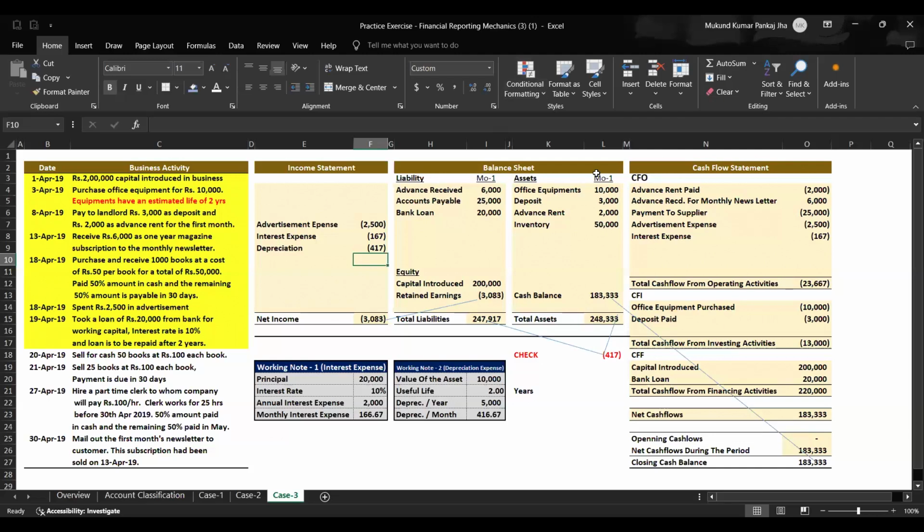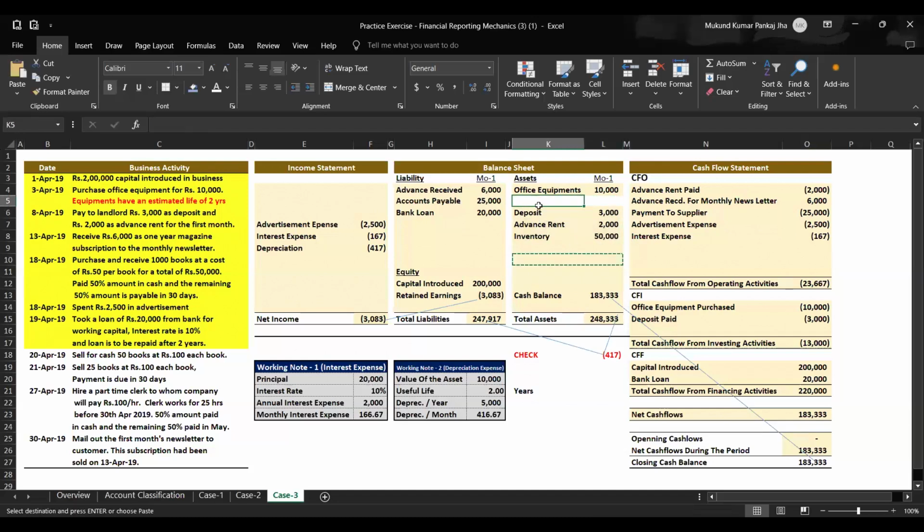Apart from this, so guys, where would be the other entry for depreciation? Since depreciation is a non-cash expense, it can't be in the cash flow statement, right? Think where would be the other entry for depreciation? You guys are correct.